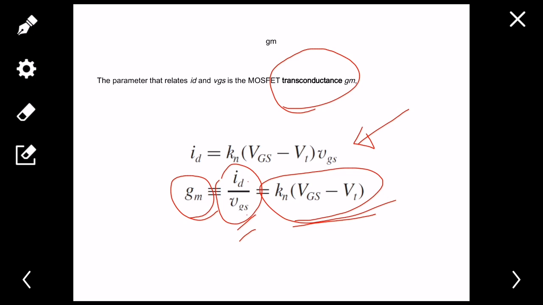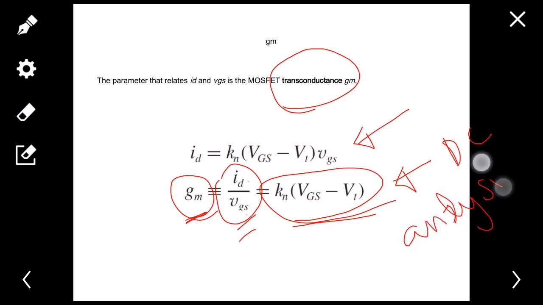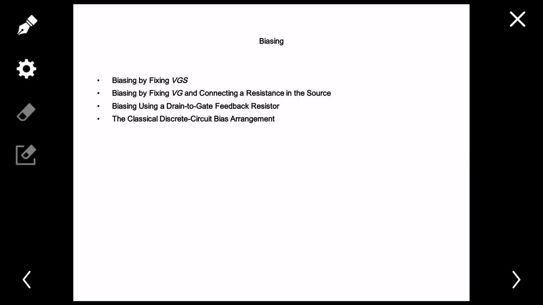The interesting thing to remember right here is that GM can be found by DC analysis. The analysis of DC will give you the result of GM, not AC, because there is this DC portion here. And the process parameter Kn, you need to know that.